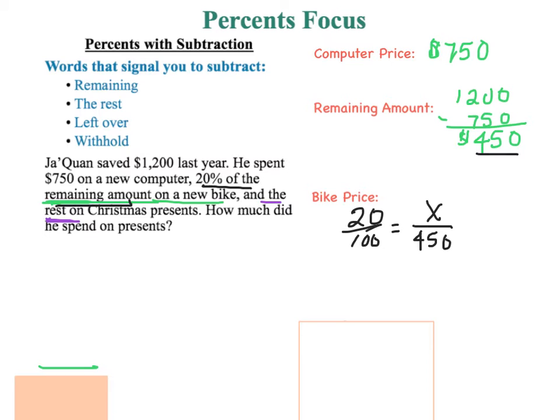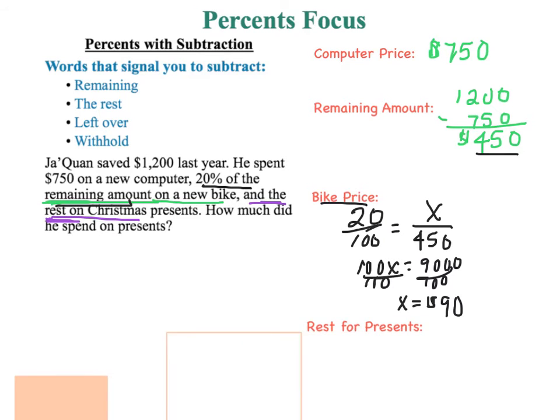So I'm going to cross multiply and get 100x equals 9,000. Divide both sides by 100, and I get x equals $90. So the bike price was $90. Lastly, it says the rest was on Christmas presents.